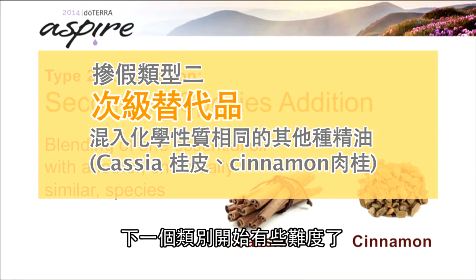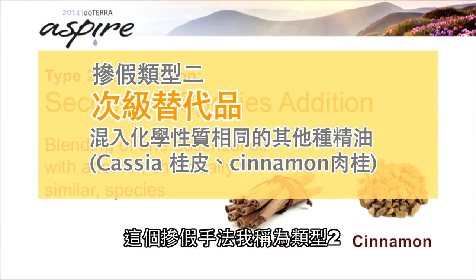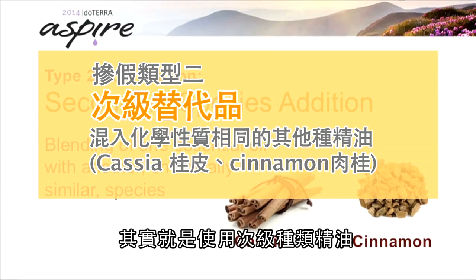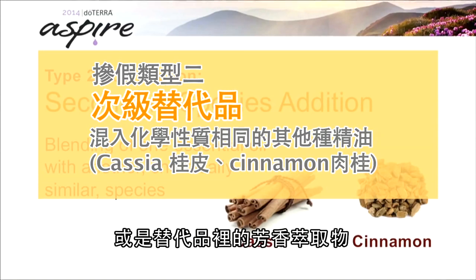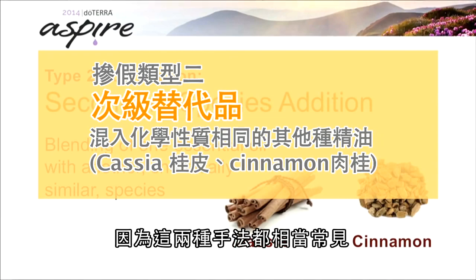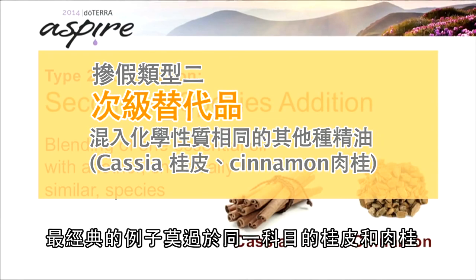The next type, which is getting a little more advanced, the next type of adulteration is what I call type 2, or a secondary species addition. Really, this should say secondary species or natural isolate from a secondary species, because both of these are commonly used. A perfect case in point would be cassia and cinnamon bark.